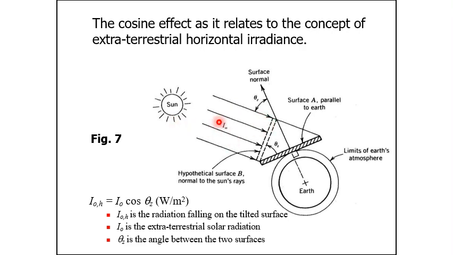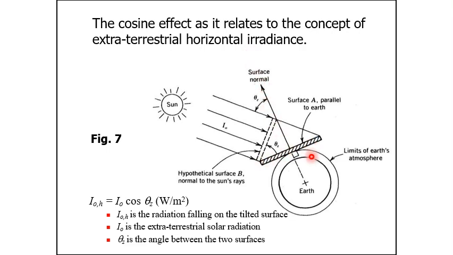Remember, we just learned that solar constant reaches the Earth's upper surface. So if I place this imaginary plate parallel to the surface of the Earth, can you recognize this theta z or zenith angle? Remember, zenith angle is the angle with the normal to the surface of the Earth.